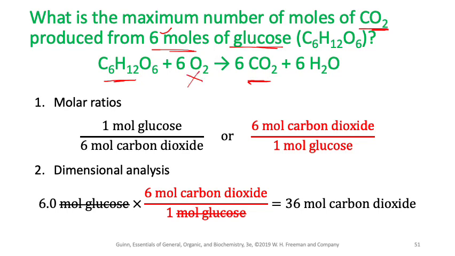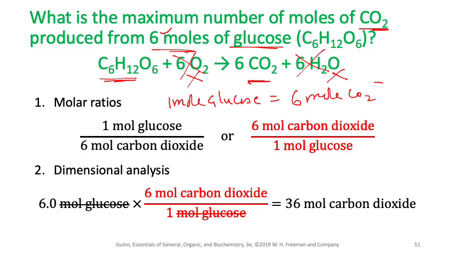No. Is there anything given for water or any information for water? No. So we usually don't care about these moles for this problem. What is left is 1 mole of glucose giving you 6 moles of carbon dioxide, and I can use this equivalency to make a conversion factor, right?